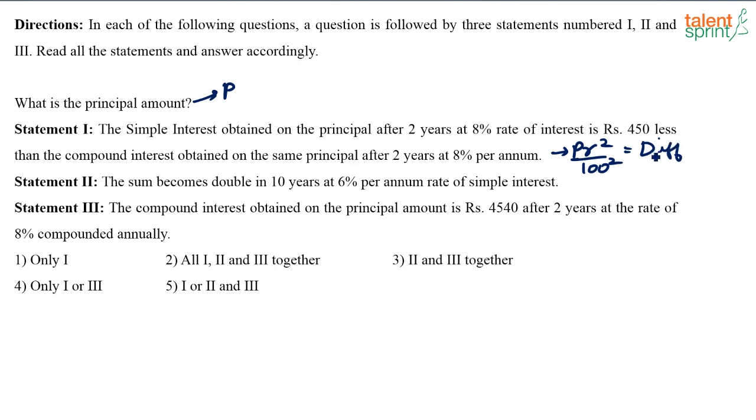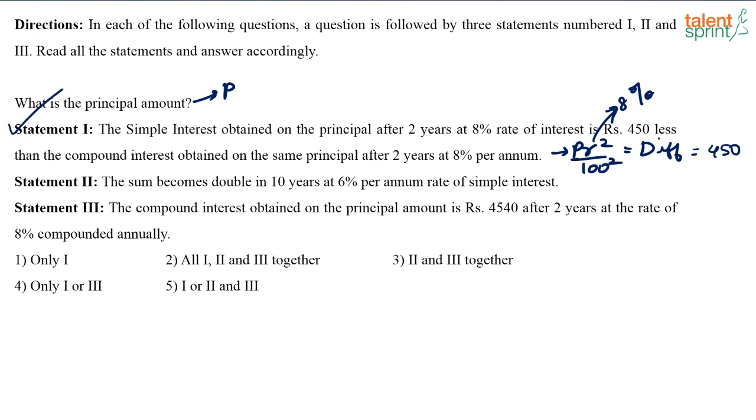Here, this difference is given as 450. I know the value of R, they have already given that R is 8%. So from here I can find out the value of P. So by using statement 1 alone, I can find the principal amount.